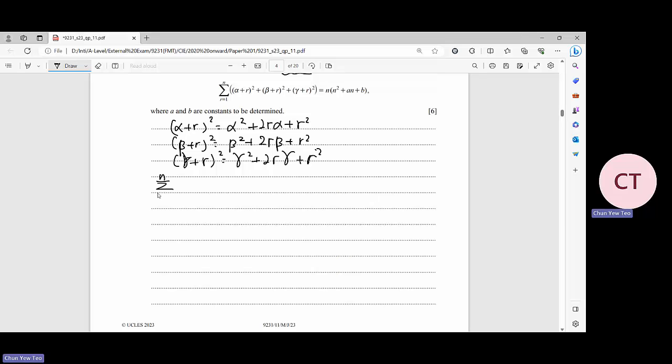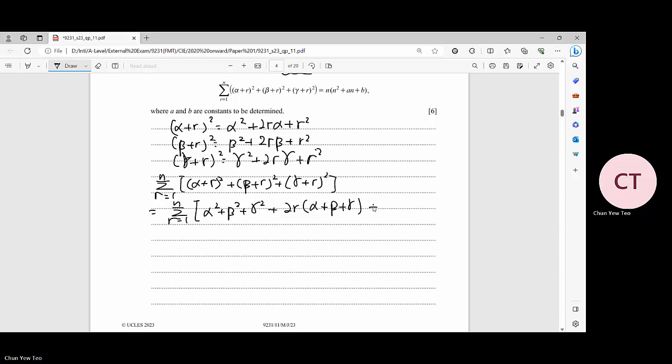That means this whole series, alpha plus r squared plus beta plus r squared plus gamma plus r squared, adding all of them up, you will get alpha square plus beta square plus gamma square plus 2r times alpha plus beta plus gamma plus 3r square.